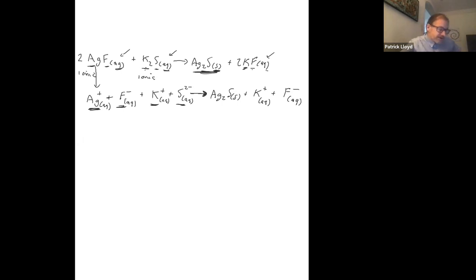There's more than one of some of them. This 2 refers to the silver and the fluoride, to both of them. So 2 and 2. There's only a 1 here, so we don't need to put any numbers here. There's a 1 there, that's cool, but there's a 2 here, so 2 and 2. The 2 refers to the whole formula. So if you break 2 KFs, you're going to get 2 K pluses and 2 F minuses.